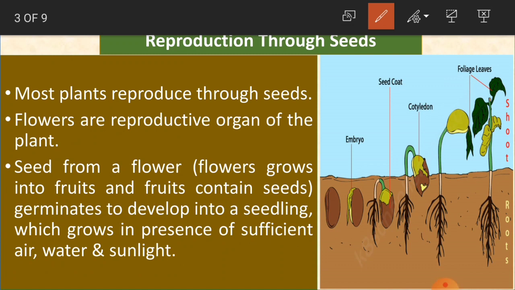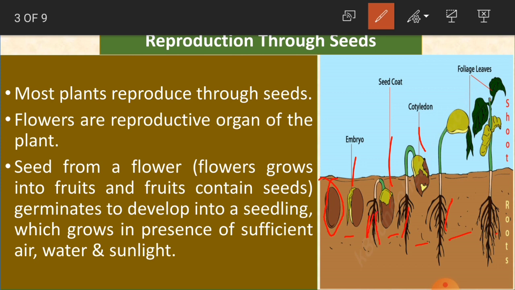When we sow the seed into the soil, it starts growing in these forms, like the embryo, and then here you have the seed coat. Seed coat is nothing but the outer cover of the seed, to protect the seed, and then you have the cotyledon, and you can see the roots formed.